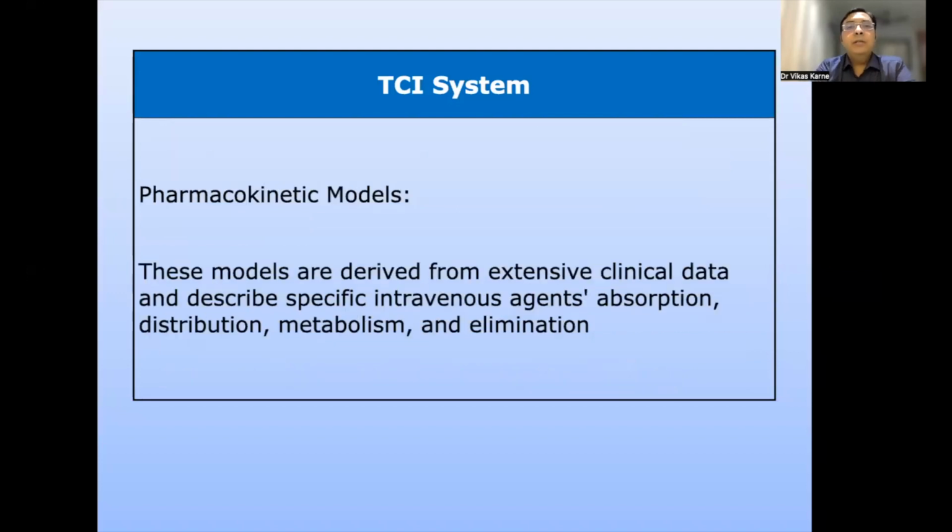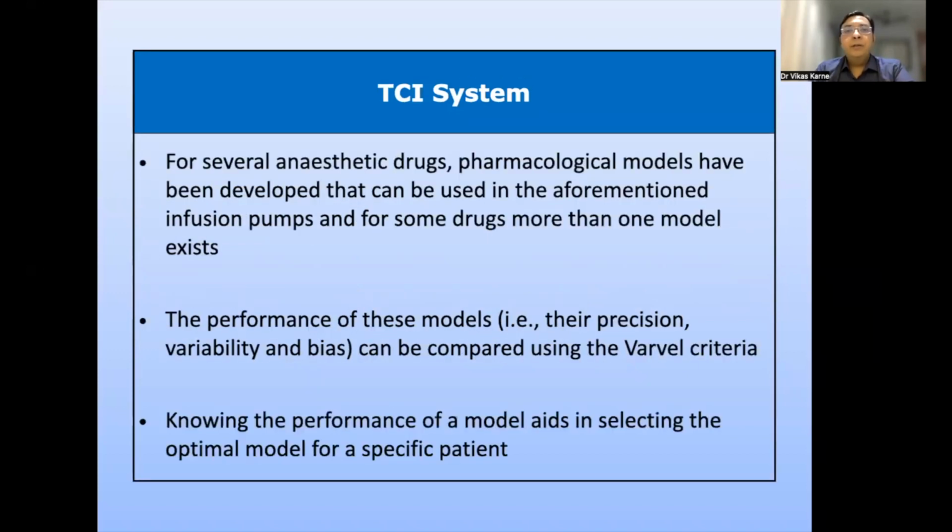These pharmacokinetic models are derived from extensive clinical data and describe specific intravenous agents' absorption, distribution, metabolism, and elimination. For several anesthetic drugs, different models have been proposed. The performance of these models, their precision, variability, and bias can be compared using Varvel criteria, which we'll be discussing eventually.